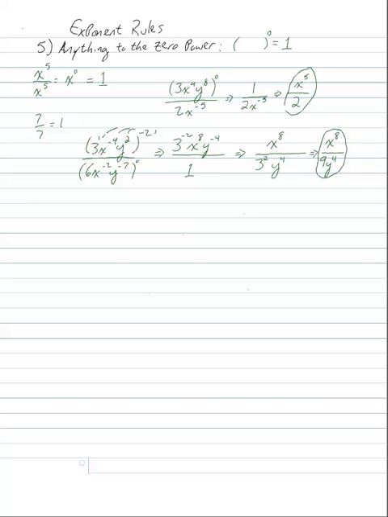Okay, let's set up a pretty hard one. If we can get through this, then you should be able to get through almost anything. How about (3x to the 4, y to the negative 6) squared, over (6x to the negative 2, y to the 8) to the negative 1.